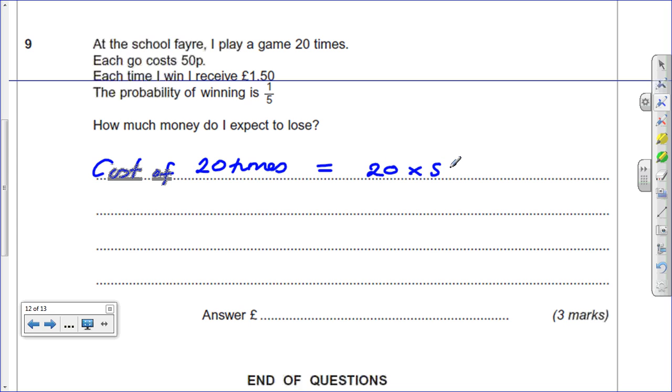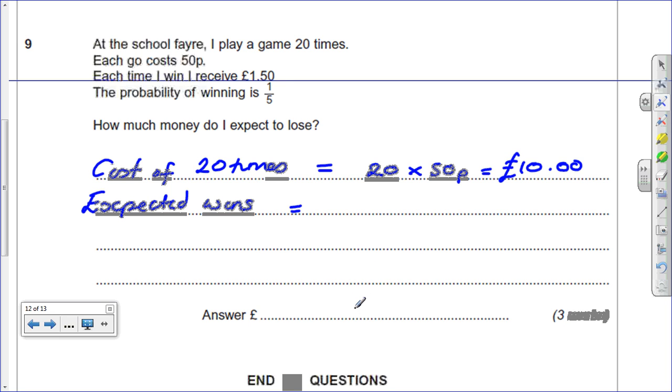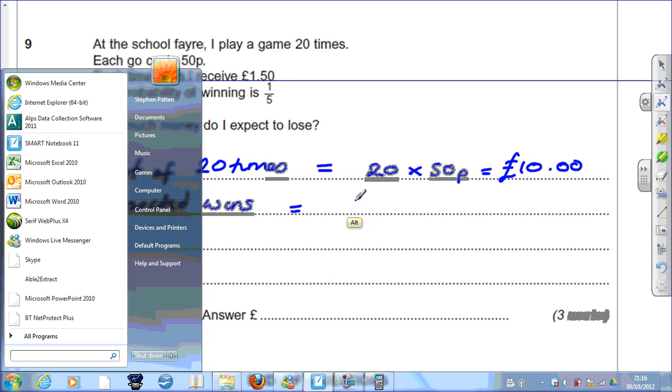So you expect to win 4 times. And expected amount you win is the 4 times you just calculated times the prize, which is £1.50, equal to £6.